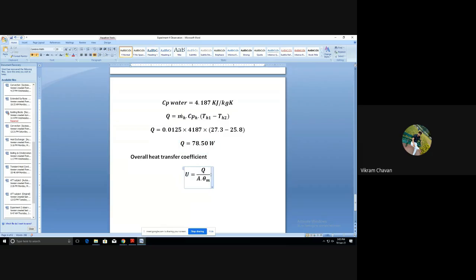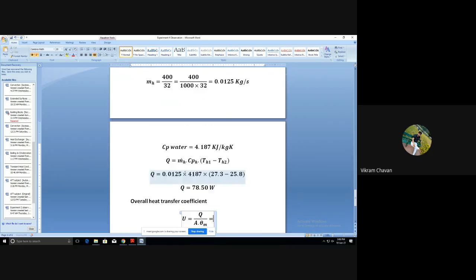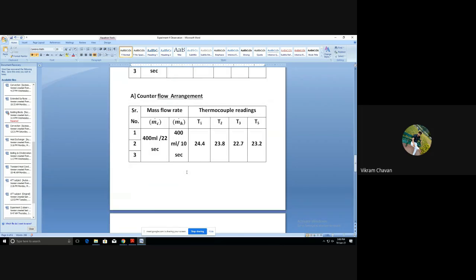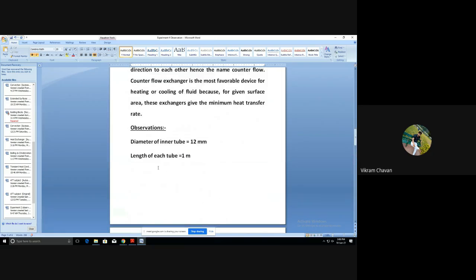U is equal to Q divided by A. For that you require the area, the surface area of the tube, so consider pi d L. Tube diameter is 12 mm and length of tube is 1 meter.